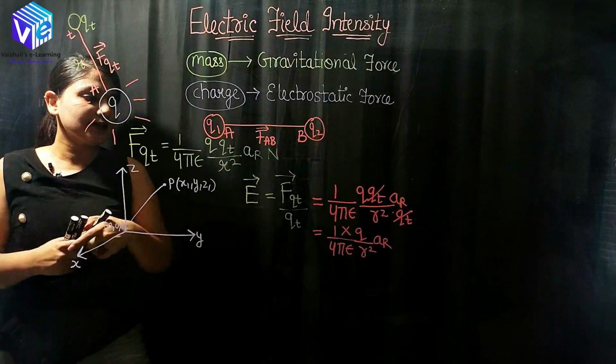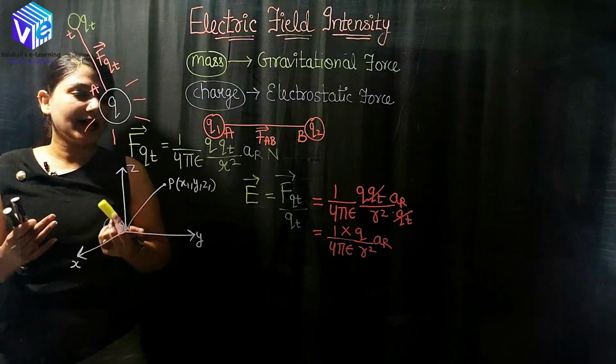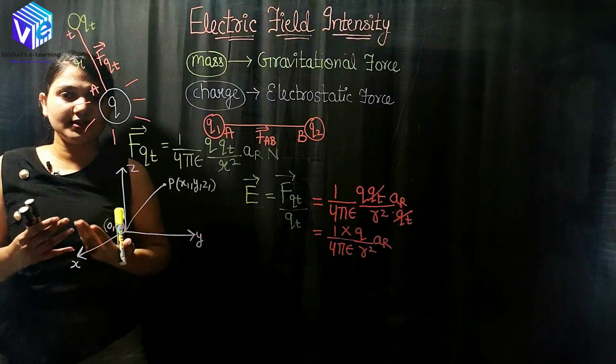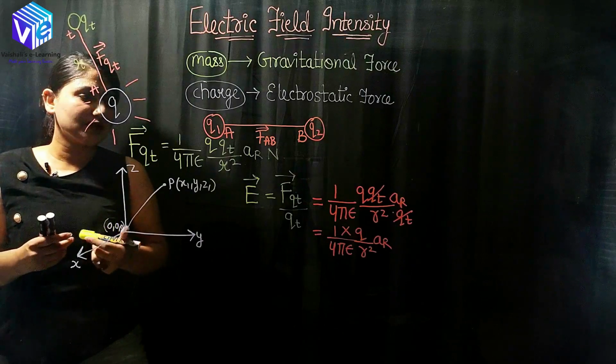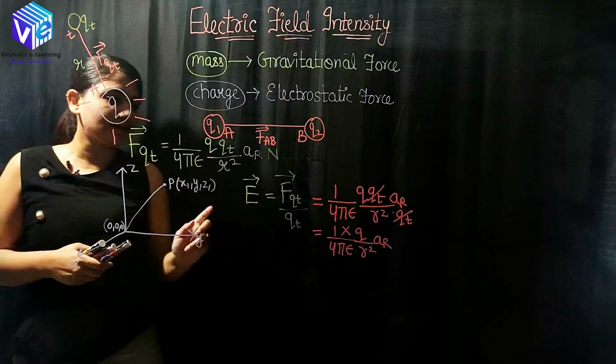The electric field intensity due to the charge Q will be equal to Q upon 4 pi epsilon R square, times AR. I have discussed epsilon in my previous video, so you can go back to that video if you have any doubt about epsilon.